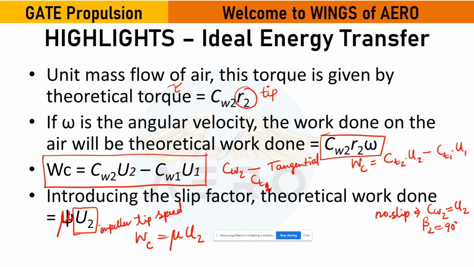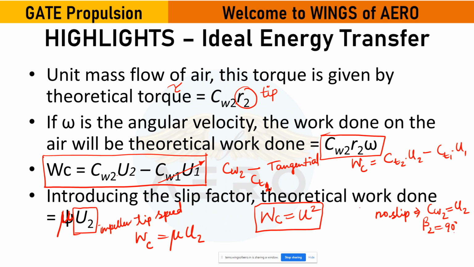In that condition, if Cw1 and U1 are ignored, then we can write WC equals U square, or I can also rewrite it as WC equals Cw2 square. This is only the no slip condition.